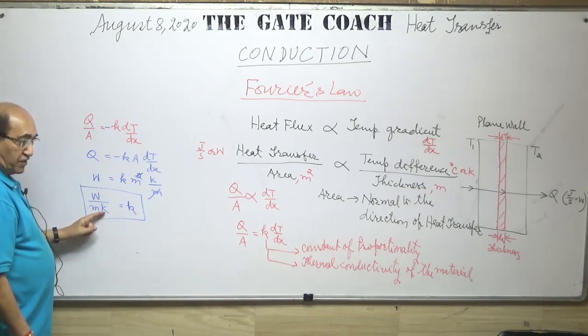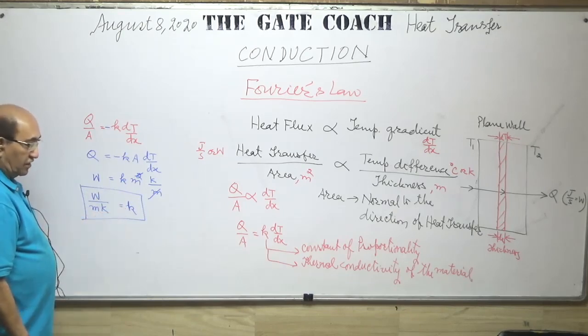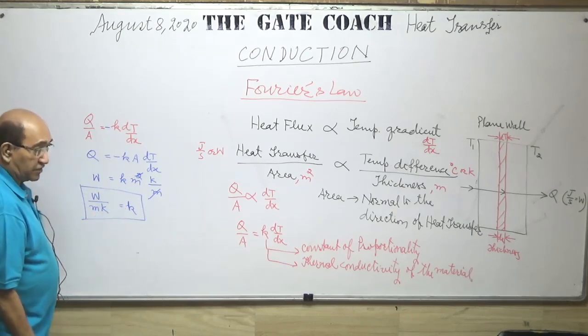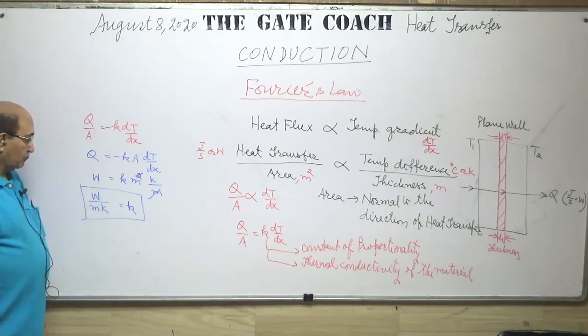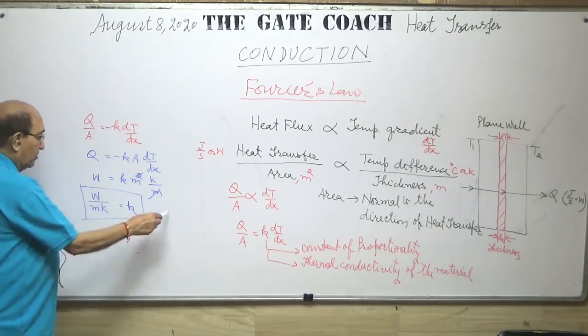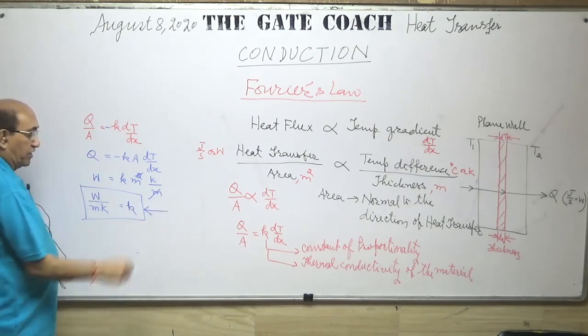Capital K was for Kelvin, small k is for thermal conductivity. So, this you are required to remember.